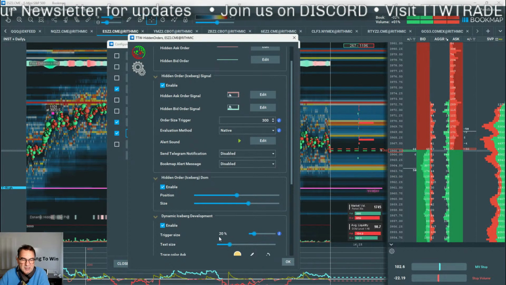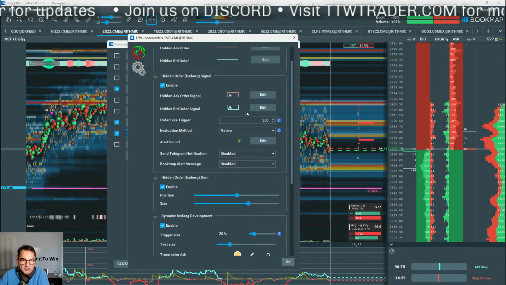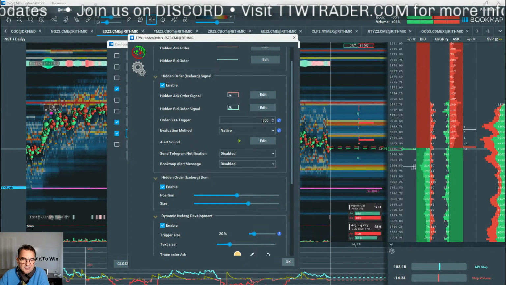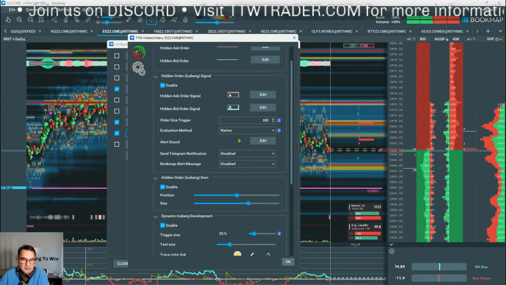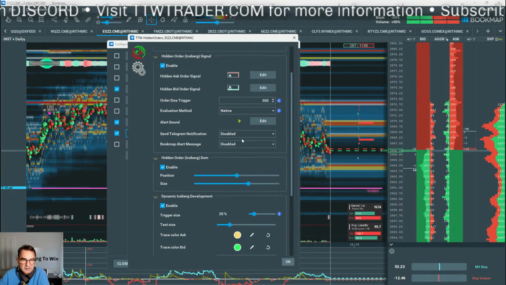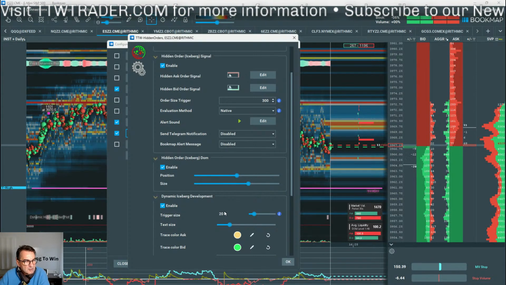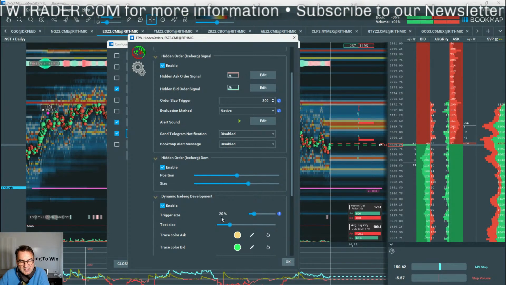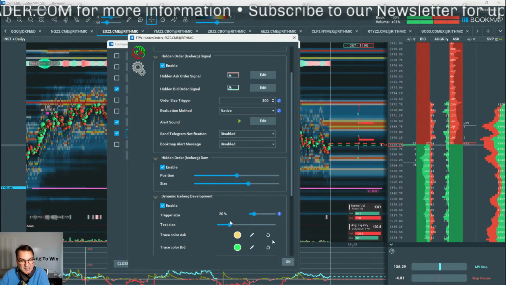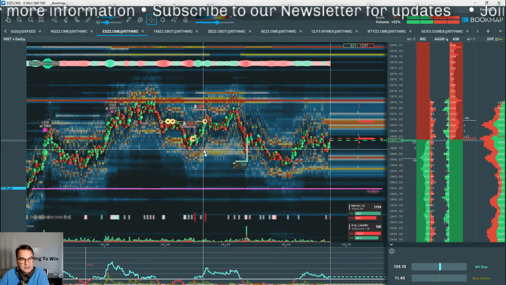To display a dynamic iceberg development, we need 20% of 300. So a dynamic iceberg will be displayed if at least 60 contracts were traded and are indicating that there's more to come. And if someone cancels the orders, then you won't see anything.